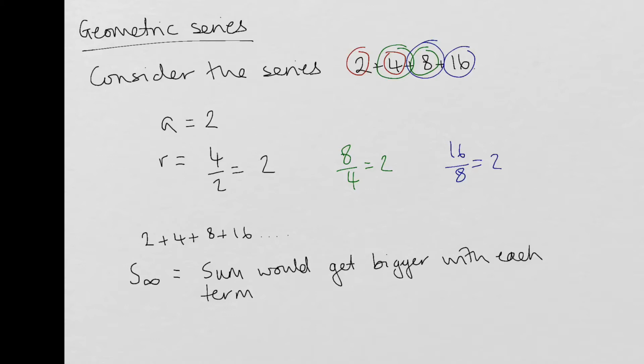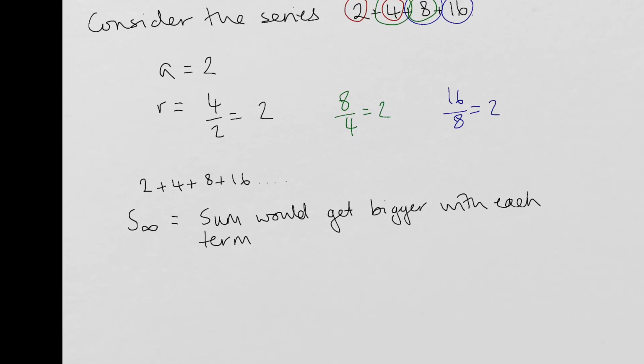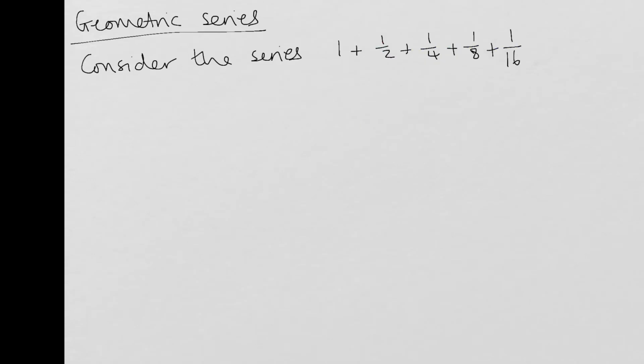So if I wanted to add up all of the numbers in that series, what I would find is that it does something which is called diverge. Or we could say it's a divergent series, because as we take the terms and add them all together, it would get bigger every time.